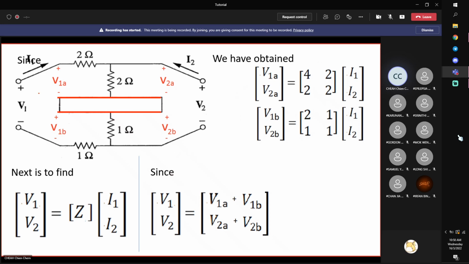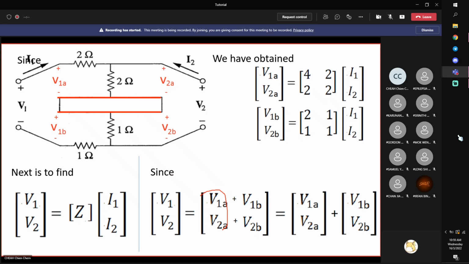Firstly, remember I said that V1 is V1A plus V1B, and V2 is V2A plus V2B. That means V1 and V2 of the A and B circuits add up to give you V1 and V2. Which means that you can break it down into these two forms: this vector plus this vector is equal to this vector.